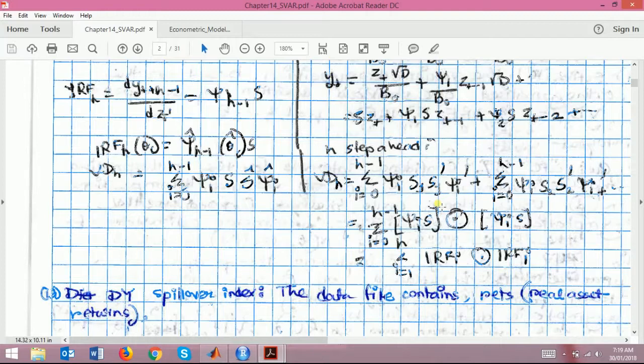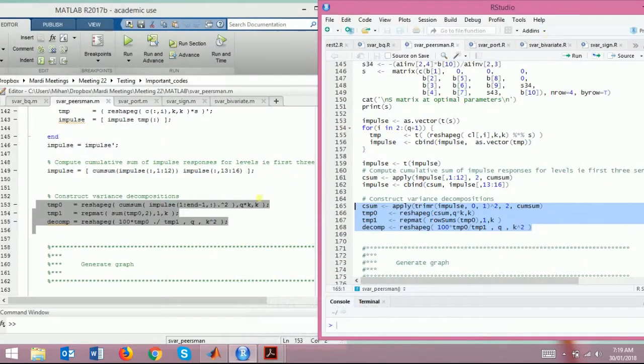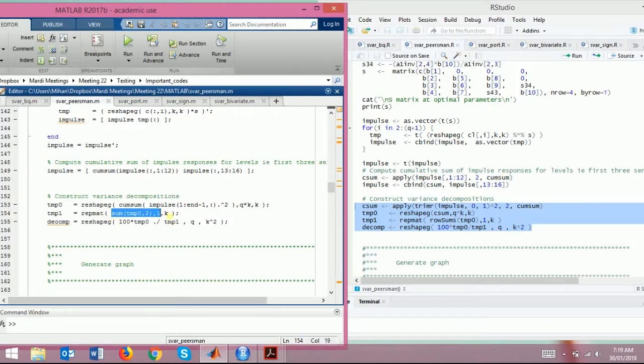Q is the number of moving averages, K is the number of variables, so that many rows and number of variables columns, structuring them. Then we are summing them up by columns, not by rows. We are summing the whole thing by columns in one, and we are repeating each row K times.